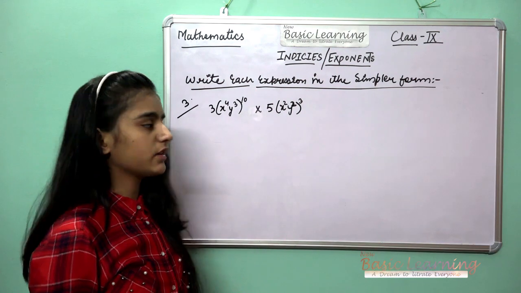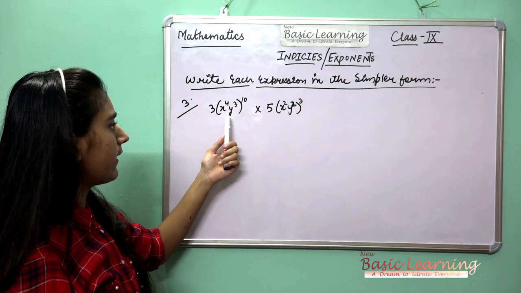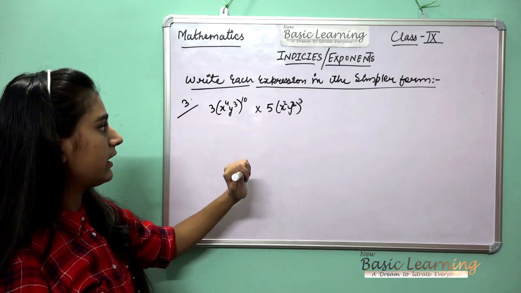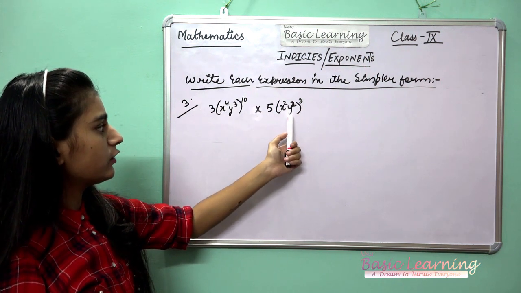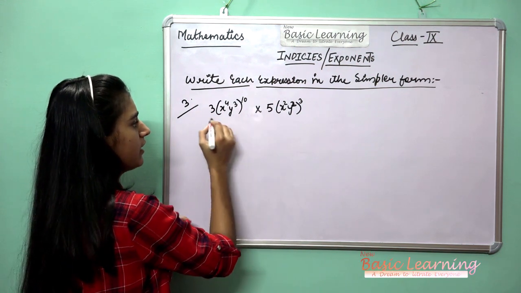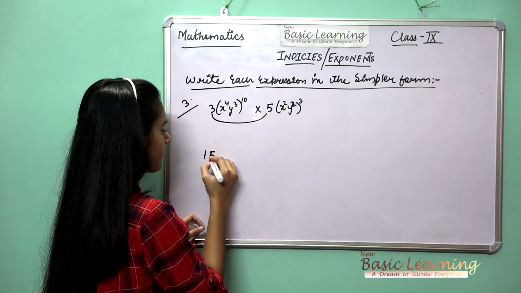Now the third question is 3 bracket x to the power 4 y to the power 3 bracket close to the power 10, into 5 bracket start x to the power 2 y to the power 2 whole cube. Here we are going to multiply. 5 into 3 will give 15.